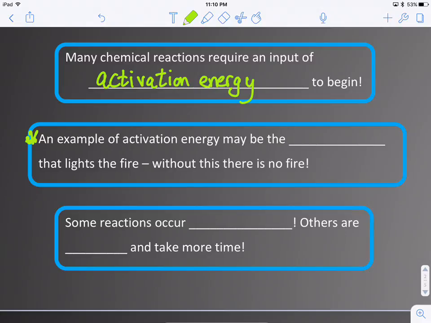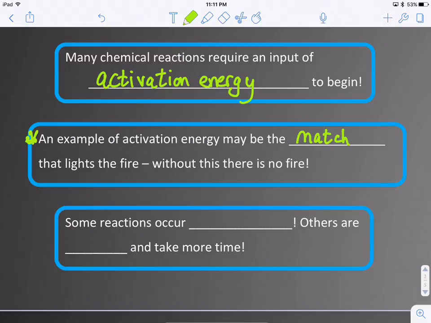When you put a bunch of logs in a fireplace, they don't just ignite themselves, right? There's no spontaneous combustion. They don't just all of a sudden turn on fire. What you need is a match, right? And a match is that really small piece of wood that you light on fire. What that's able to do is take a small amount of energy in that match, and then it lights all of those logs on fire, creating a lot more energy, okay? This is what's needed when chemical reactions start up, okay?